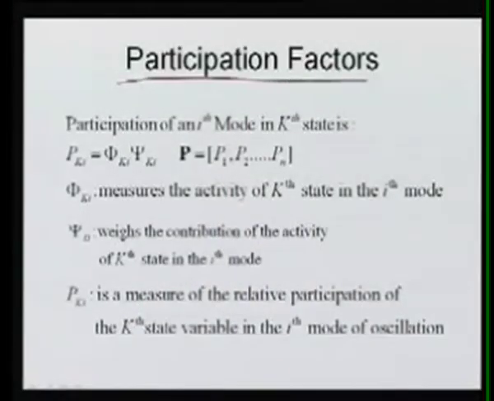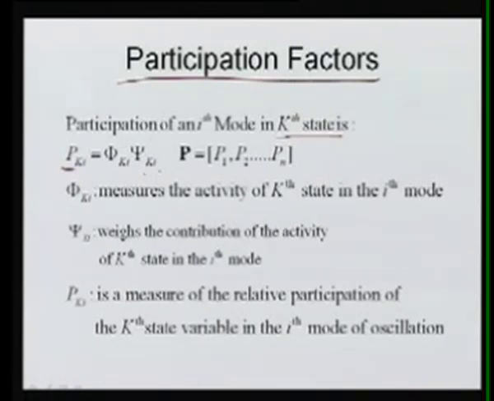Then we can go for other analysis. Based on those vectors, we define the participation factor, and that is very, very useful for obtaining the modes. The participation of the ith mode in the kth state is defined as p ki, which is equal to phi ki multiplied by psi ki.